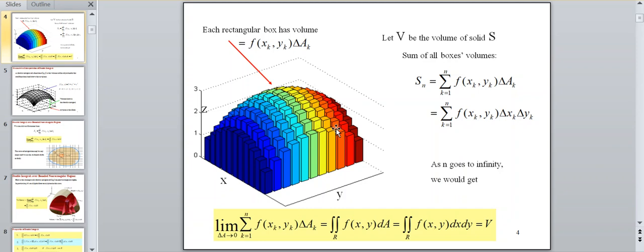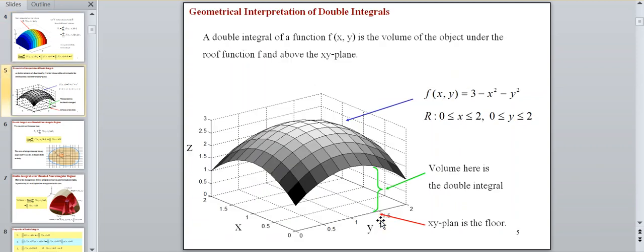It means the volume of the solid bounded below by the region R and bounded above by the surface of the function.